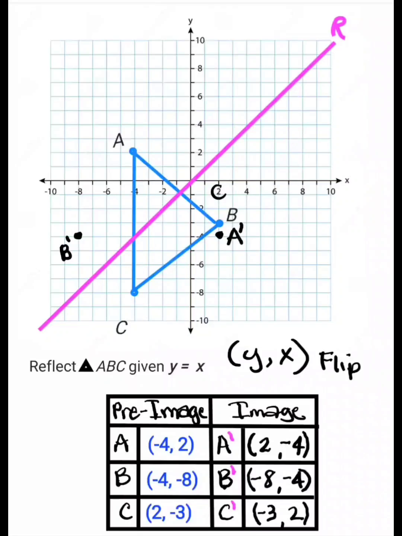So a -3 and a +2 right there. And they will meet right here. And that's C prime. Let's go ahead and erase our little guides.